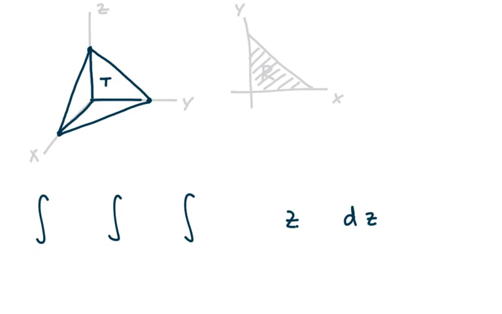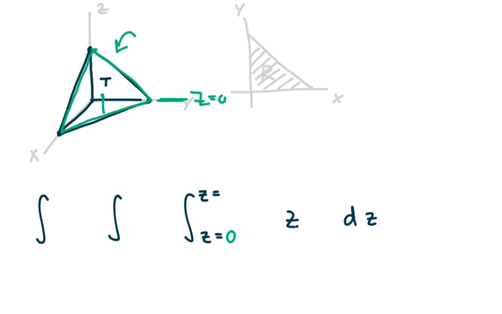So those need to be functions z, potentially in terms of x and y. Well, my base here, we're at z equals 0. And then my top, as we rise up through that region, we would be hitting this triangular plane.